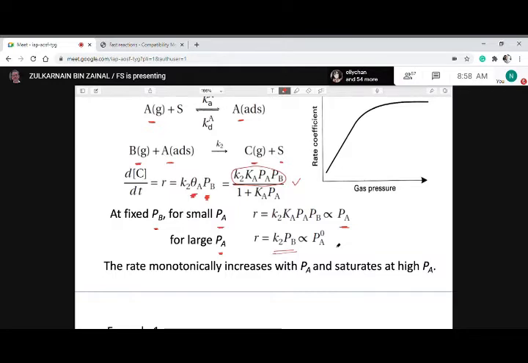Where PA naught is the saturation pressure of A, right?